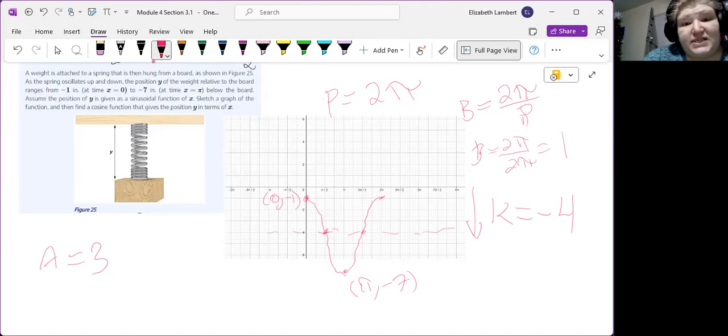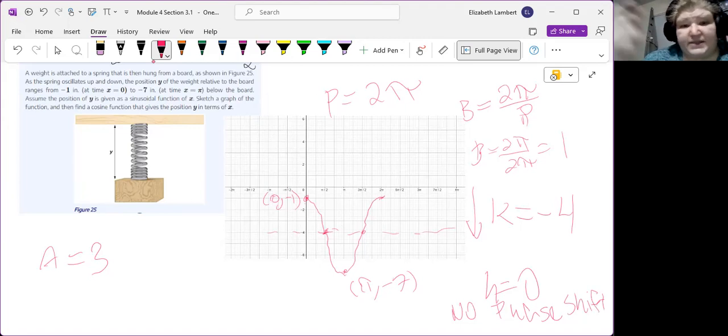And then this starts at a high point on the y-axis at x equals 0. And that is the same thing that the cosine graph does. So there is no phase shift. All right, so I have A, I have B, I have H, I have K.